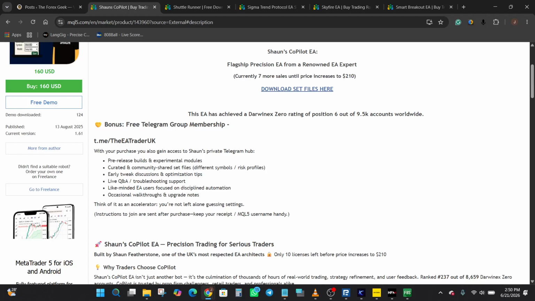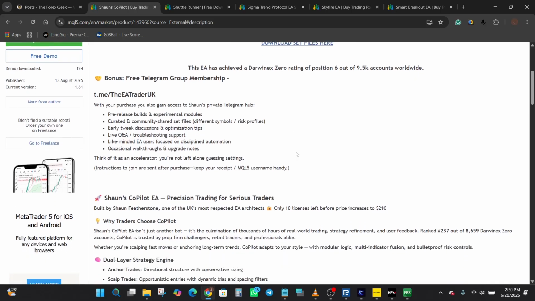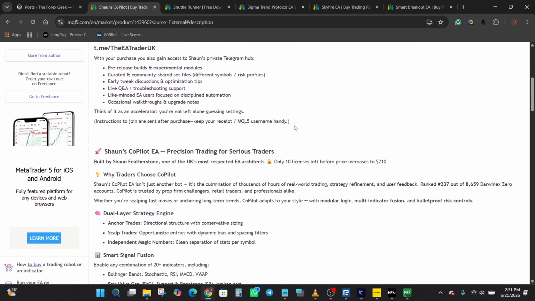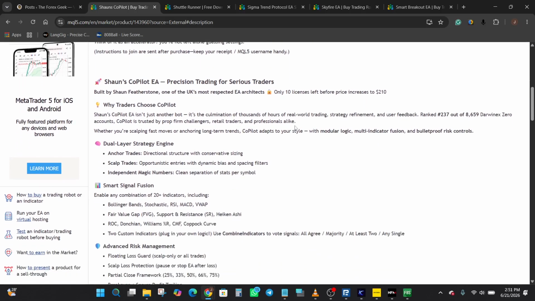Moving further into the description, the EA is built around what the developer calls a dual layer strategy engine. The first component is referred to as anchor trades, which focus on directional market structure with more conservative sizing.